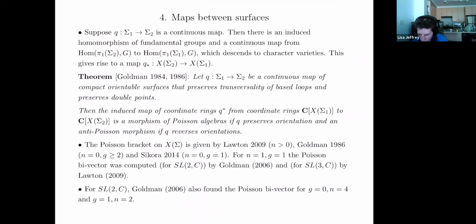Yes, so the Poisson bracket, the Poisson bivector, was computed for G equals SL2C by Goldman, who defined the Poisson bracket, in the case of no boundary and genus greater than or equal to 2. For no boundary and genus 1 it was done by his student Adam Sikora, and by Sean Lawton in the case when there are boundary components.